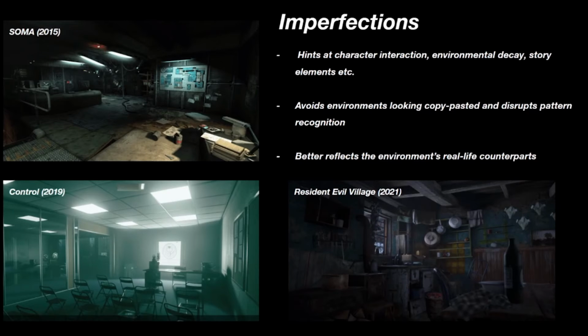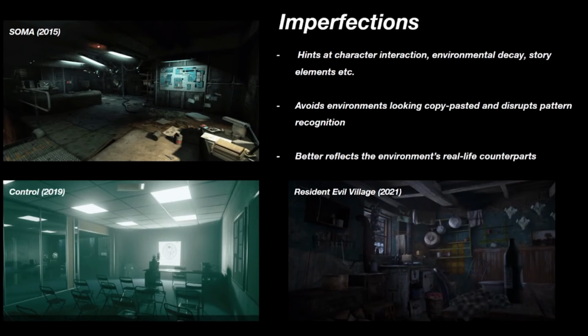But in a lot of instances where it's a setting where humans live, it just doesn't make much sense to make things perfect. You want to make things a little bit off because we as humans leave traces of some sort whenever we inhabit spaces.